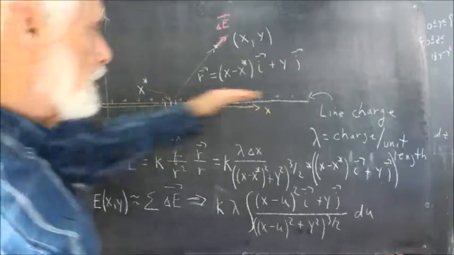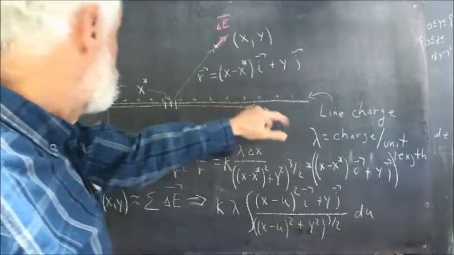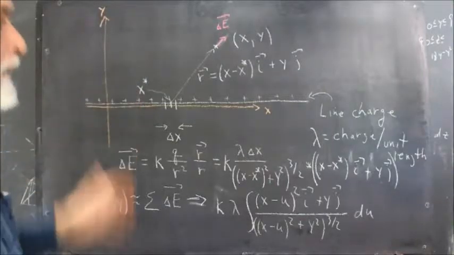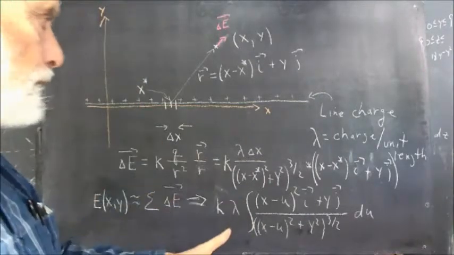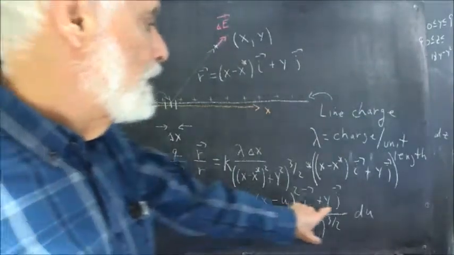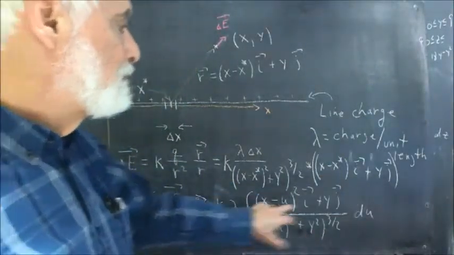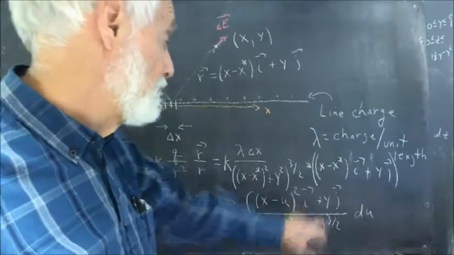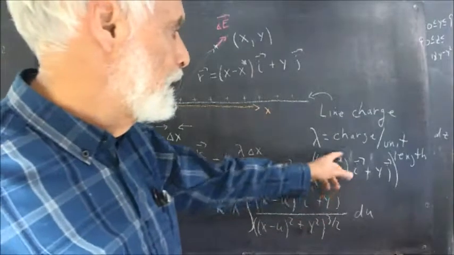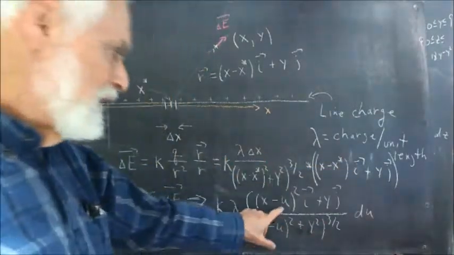Now we're integrating along an x-axis, so it would make sense to let x star be x when we do the integral and integrate with respect to x, but we've got x and y also that we don't want to tamper with. So we're going to let the variable of integration, which would be our x star, just be u.